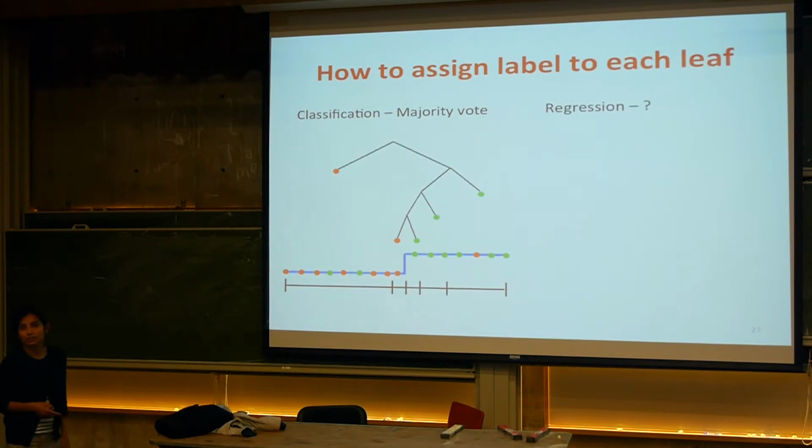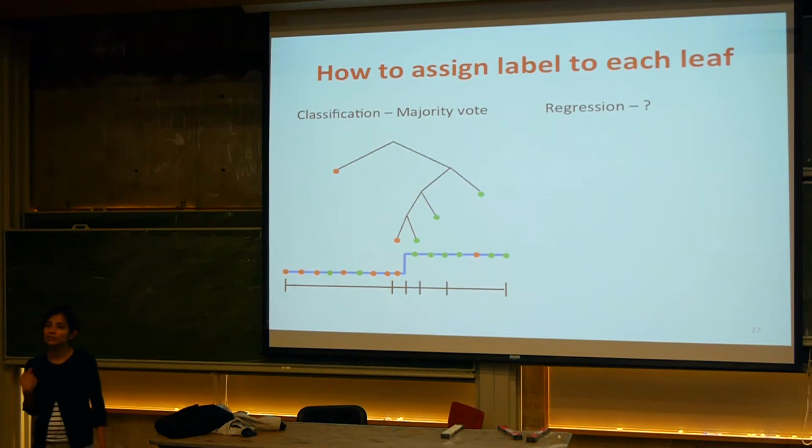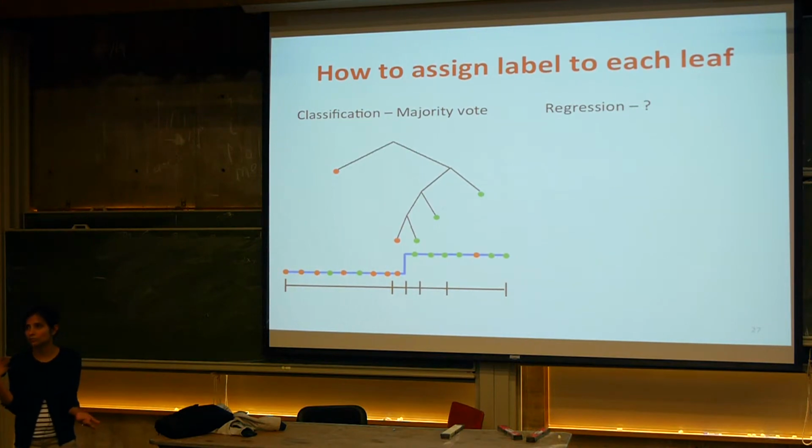What about regression? What we did in classification was learn a tree, and then at the leaves assign the majority vote. What would you do for regression? Something quite similar, except that once you have sorted your examples down to the leaves, your label could be, say, the average, for example.